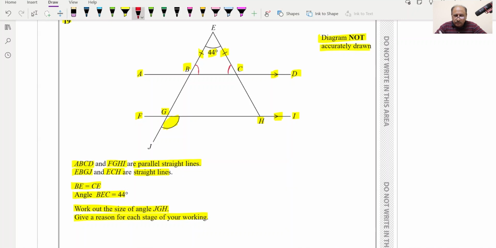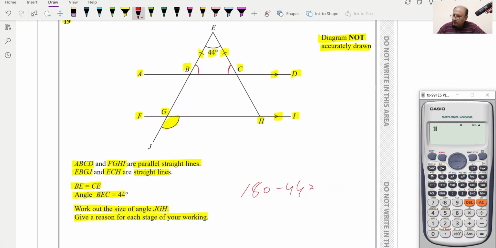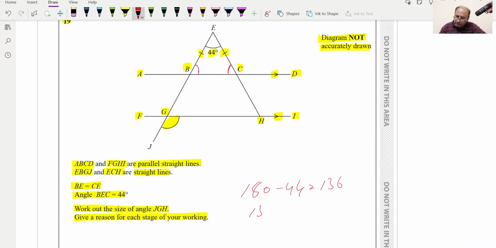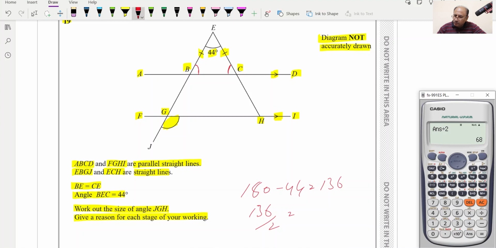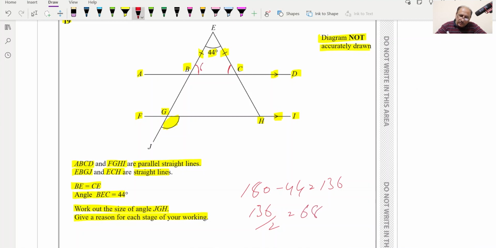So this will be 180 minus 44, which is equal to 136. Now 136 will be divided by 2, and we will get 68. So this angle is 68 degrees and this angle is 68 degrees.